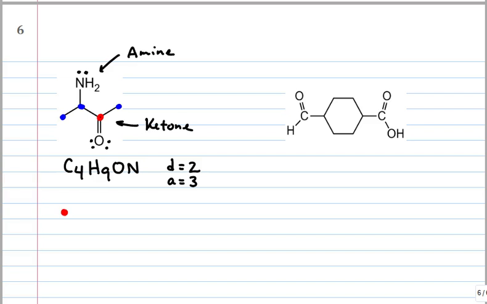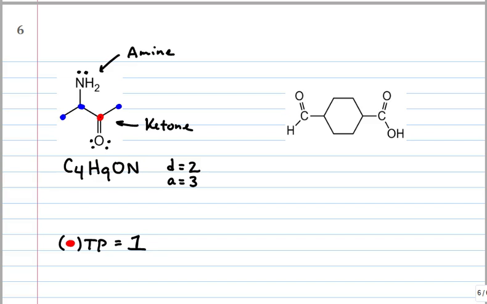The red dot I've been putting on carbonyl carbons makes this a what type of carbon? In fact, it's unique. There's only one carbon that just has a total attachment to 3 atoms. So this is our trigonal planar carbon, and there's just one.